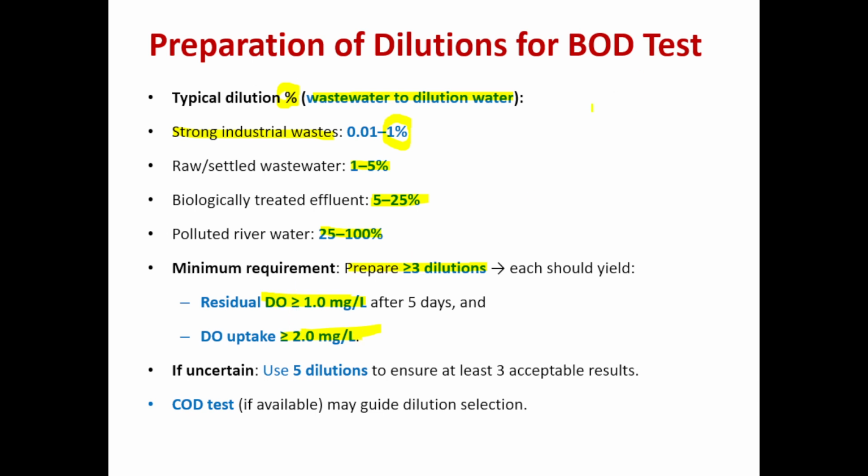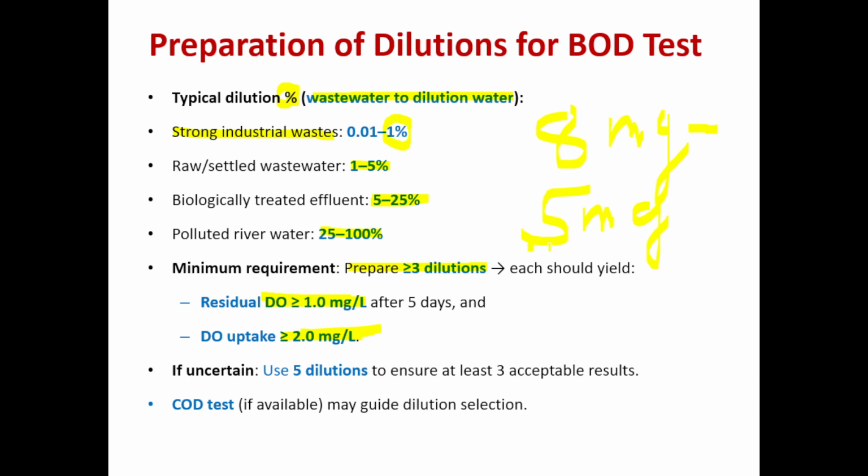For example, if we have a bottle which contains DO of 8 mg per liter, then after 5 days at least there should be a depletion of 2 mg per liter. If there is a DO depletion of 5 mg per liter, it passes this limit, since DO uptake is more than 2 mg per liter, and the residual should be equal to or more than 1 mg per liter.